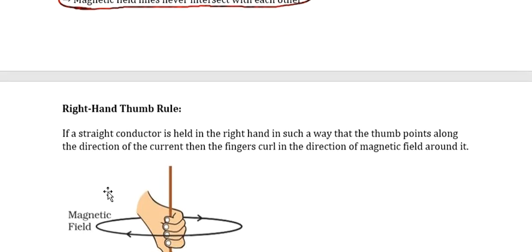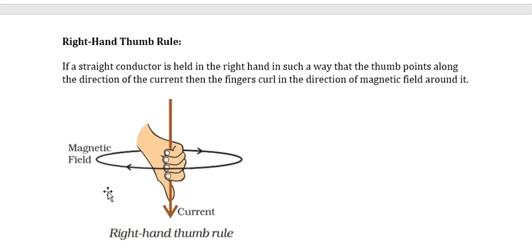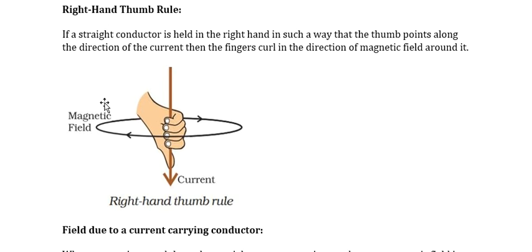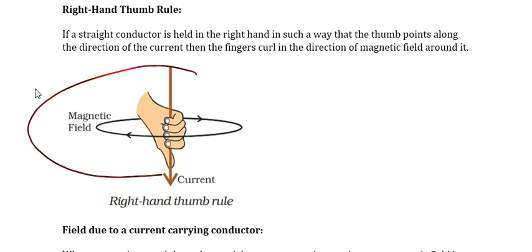Now, do you know it is always asked in the examination: the right hand thumb rule. You can see here, if a current carrying conductor is held in the right hand in such a way that the thumb points along the direction of the current, then the fingers curl in the direction of the magnetic field around it.